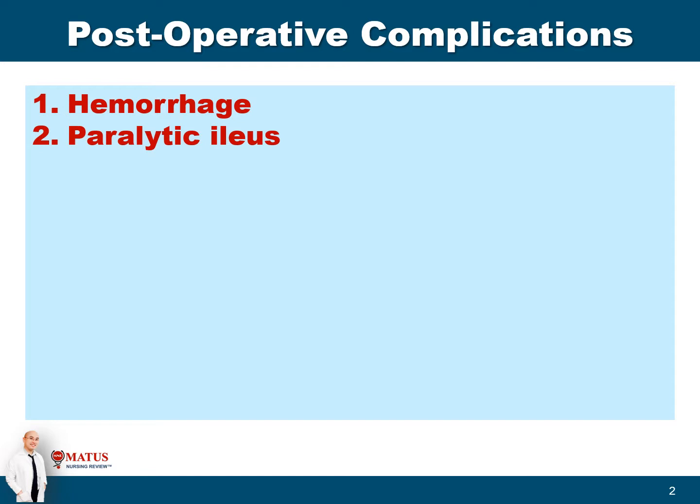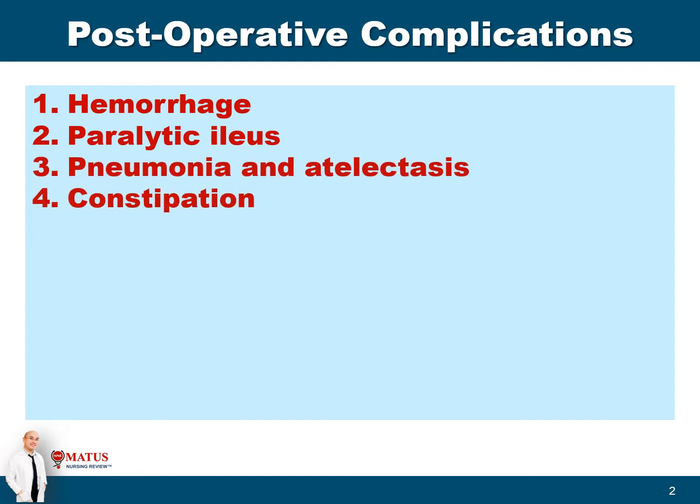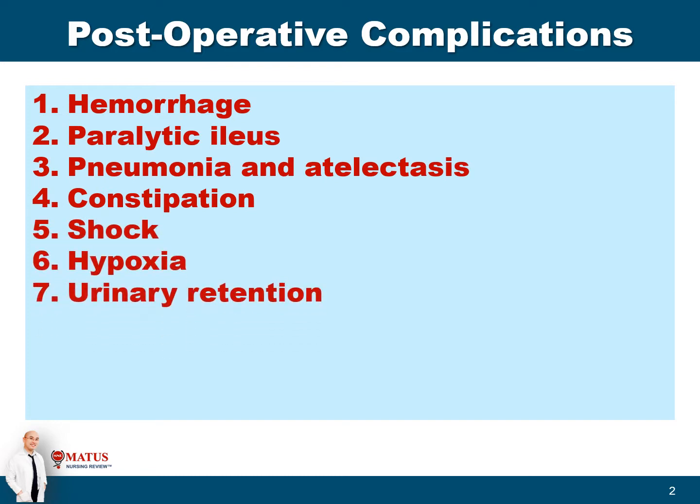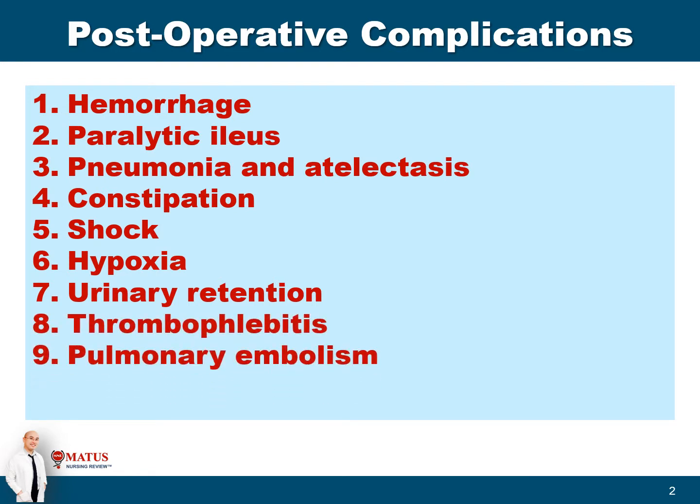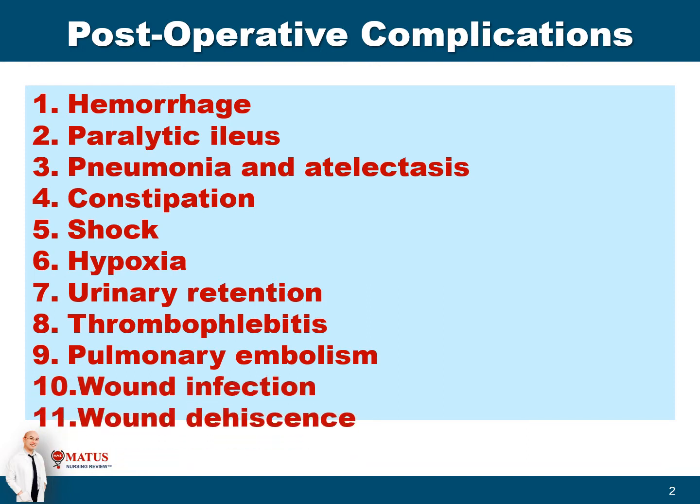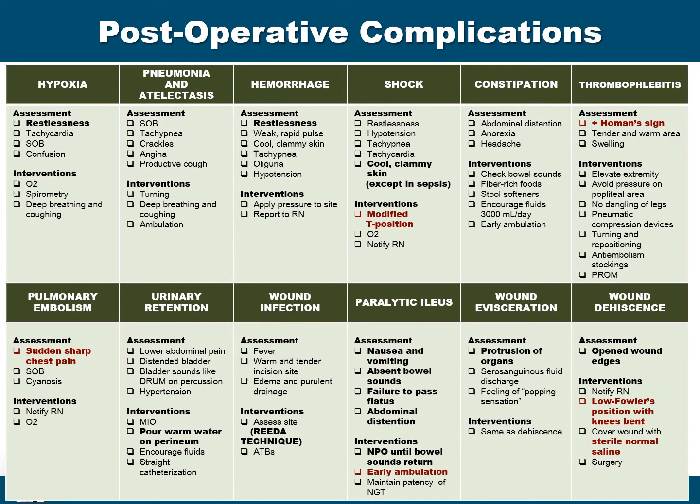Two would be paralytic ileus, pneumonia and atelectasis, constipation, shock, hypoxia, urinary retention, thrombophlebitis, pulmonary embolism, wound infection, wound dehiscence, and lastly, that would be wound evisceration. So this slide shows you the different types of post-operative complications, and we'll be discussing them one by one.